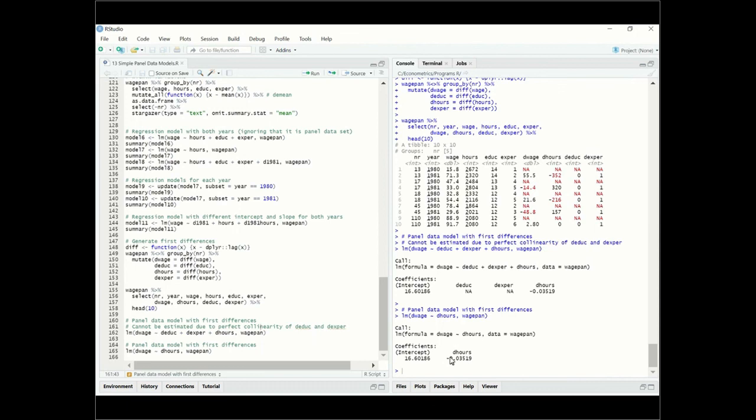And one thing that we haven't shown here is that this coefficient is significantly different from 0. So in this particular case, using first differences we show a negative relationship between hours and wage.